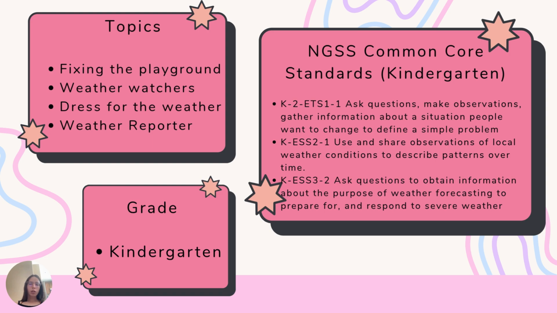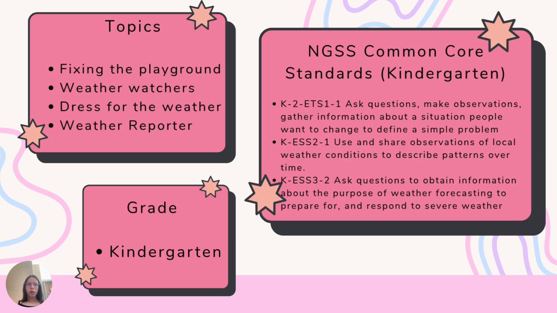The NGSS Common Core Standards for kindergarten that will be addressed is K-2-ETS1-1. Asking questions, make observations, gather information about a situation people want to change to define a simple problem. The second standard is K-ESS2-1.